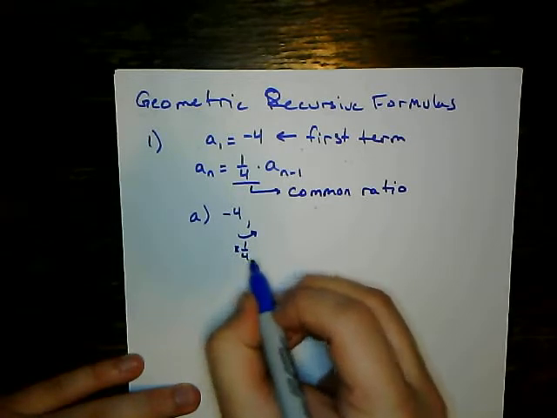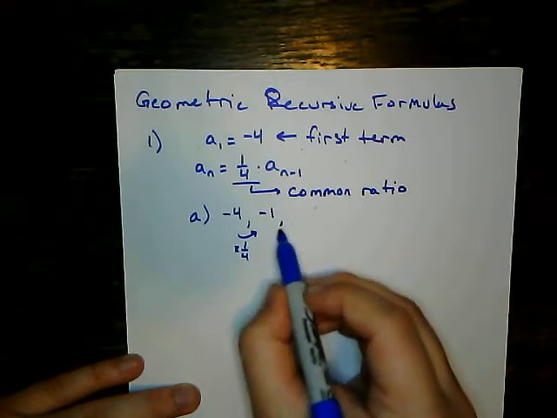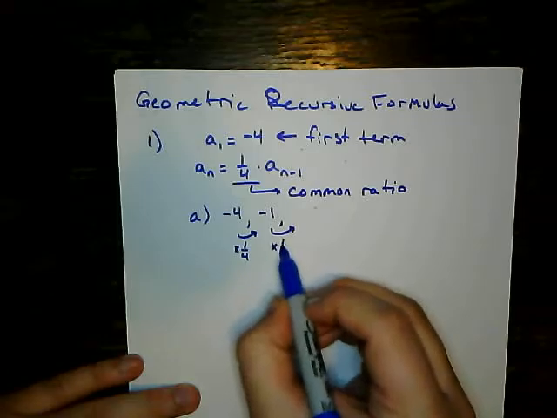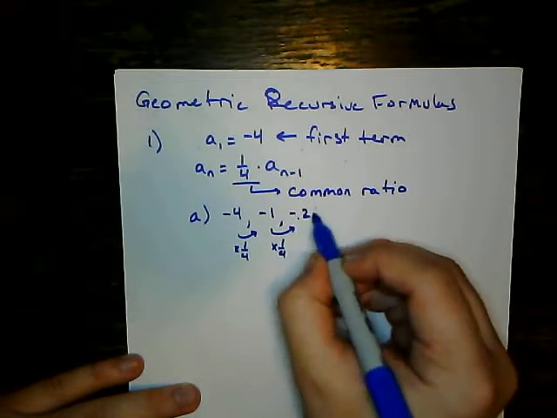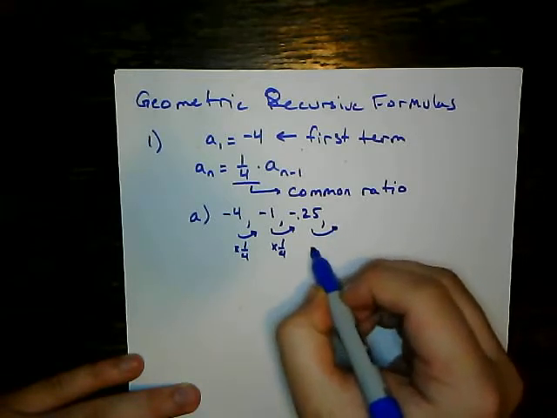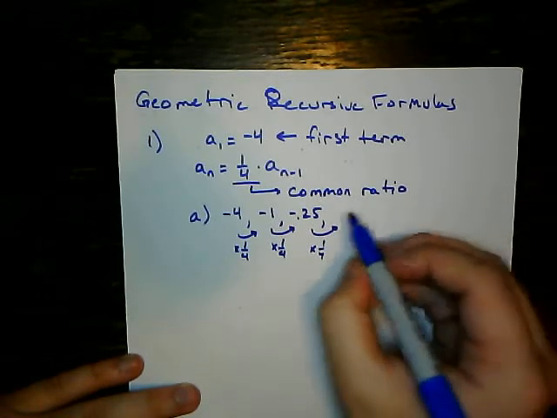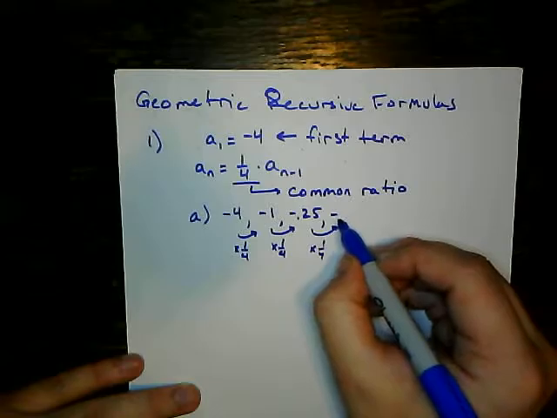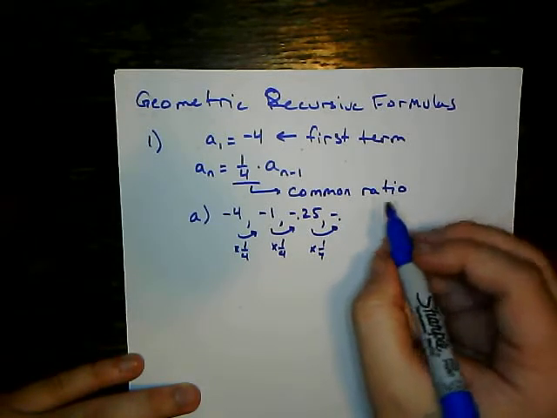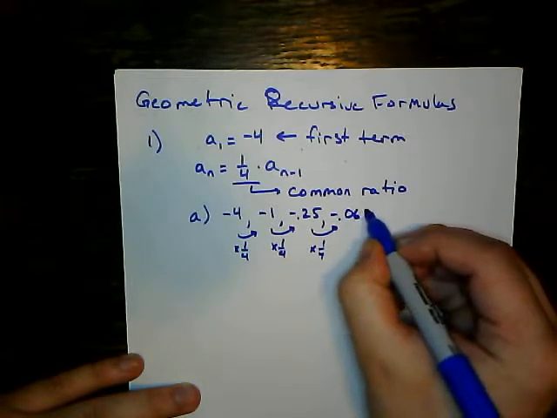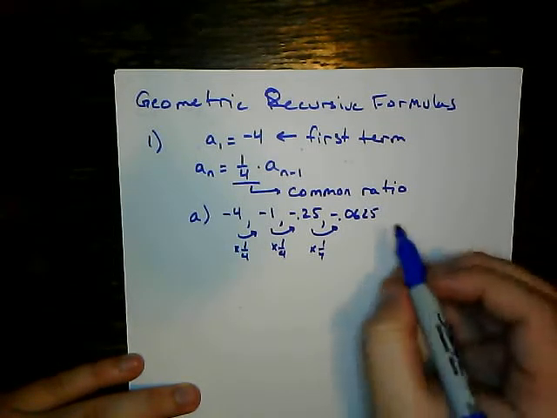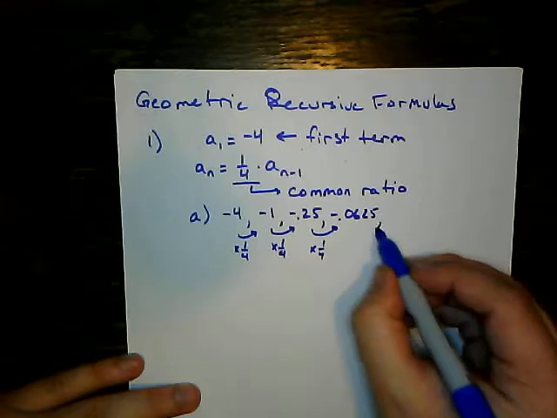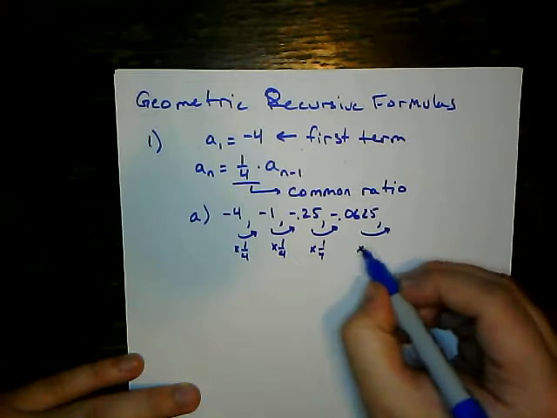So times 1/4, that gives us -1, times 1/4, that's going to give us -0.25, times 1/4, and some small numbers here, I'm just doing it in my head, -0.0625, I believe. Yes. Let's go ahead and do our 5th one here.